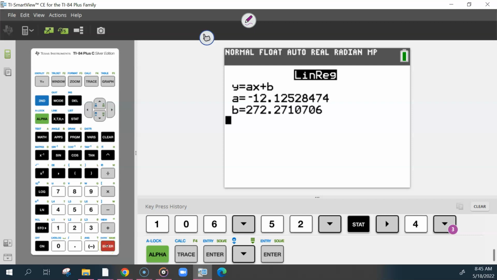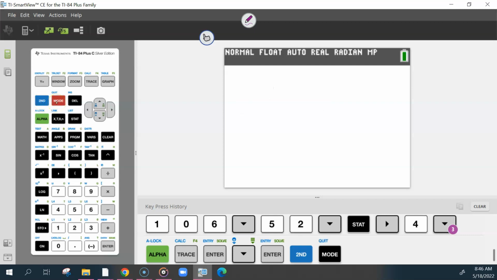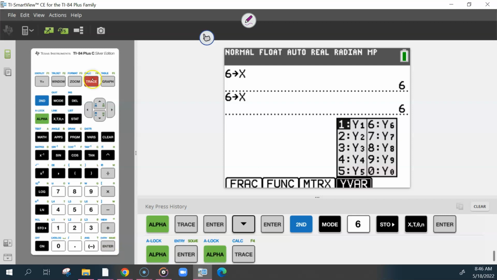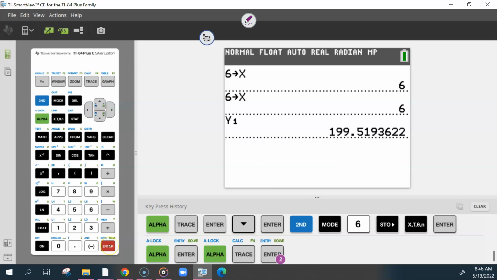That's where all those numbers came from. And then it asks when x is 6, so I would go back to the home screen, store 6 as my x, and then go back and grab my equation. And it would give me my answer.